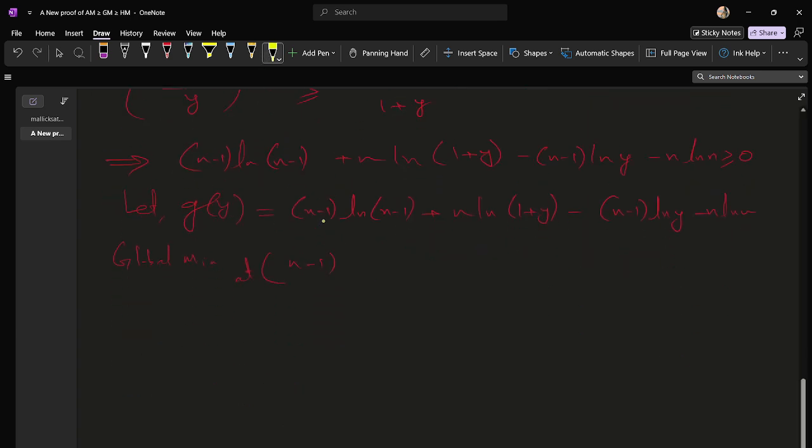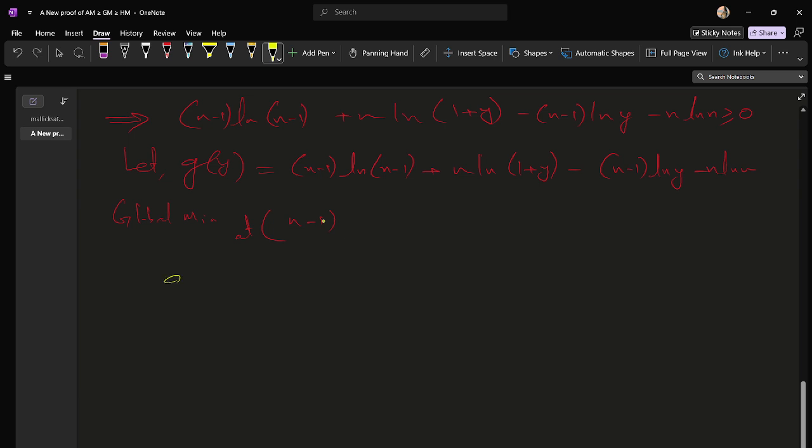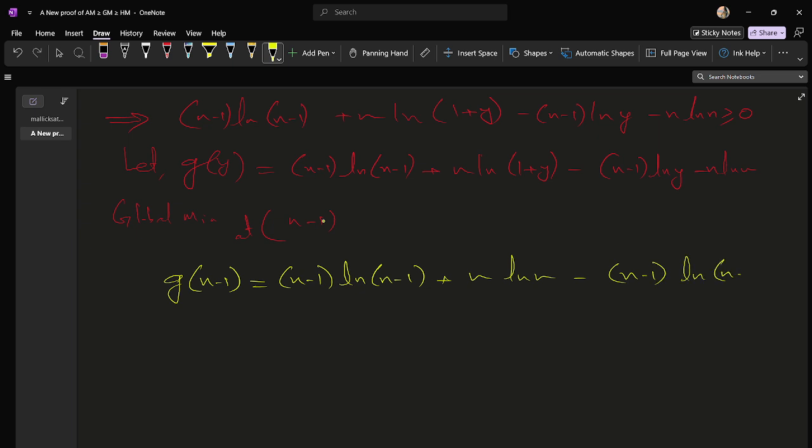So g(n minus 1) will be (n minus 1) ln(n minus 1) plus n into (n minus 1 plus 1), so it will be ln n minus 1 minus ln n. These all cancel out, so it will be 0. So g(y) is always greater than or equal to 0.